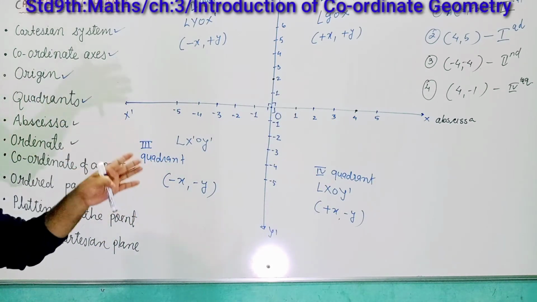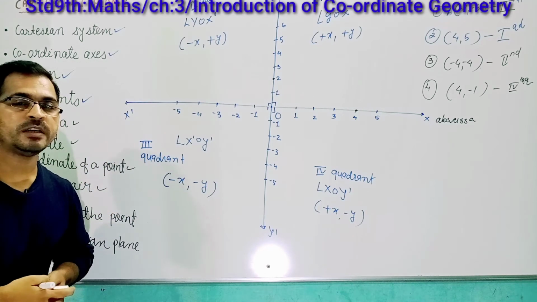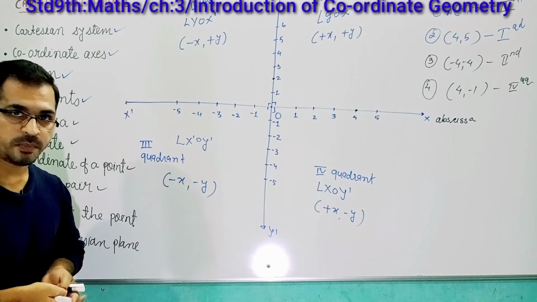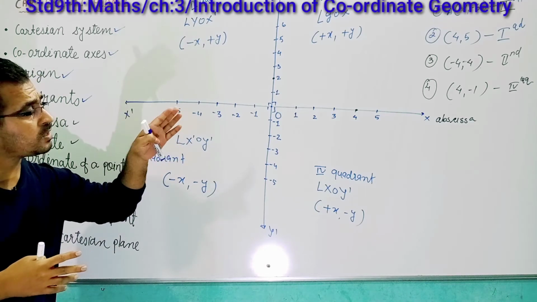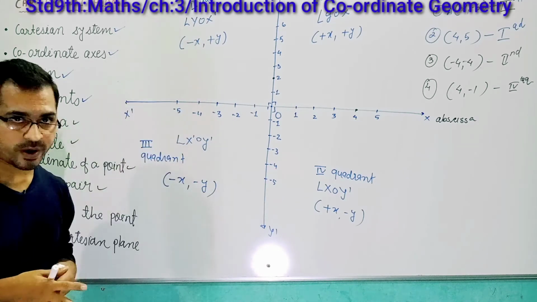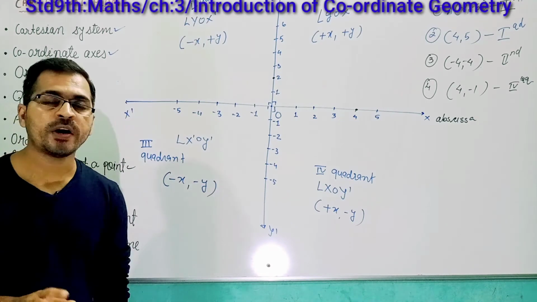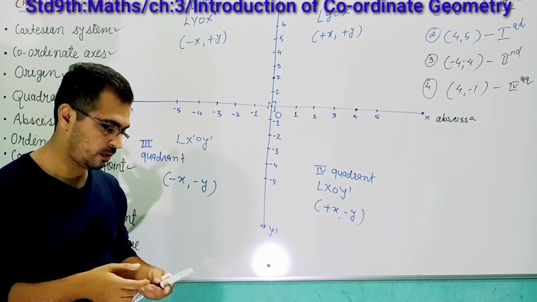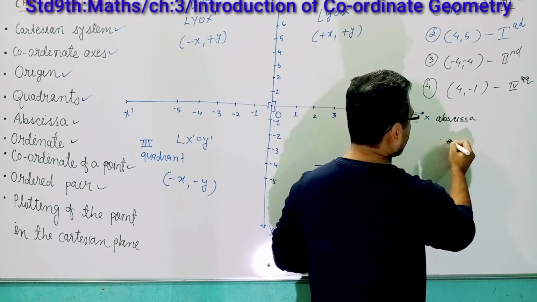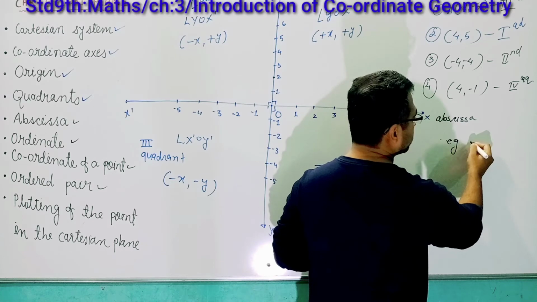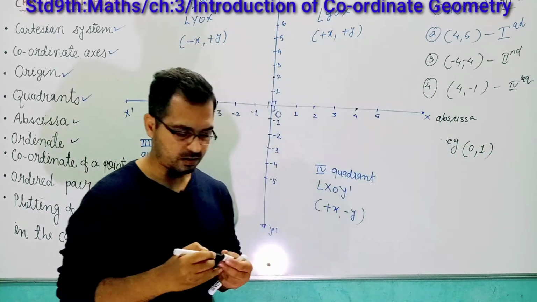So we know how to determine the position of a point in the Cartesian plane with 2 dimensions. Here, students, this plane is in 2 dimensions, x-axis and y-axis. Okay, students, now we will learn how to plot a point on the graph. Let us see an example over here. Suppose I am telling you to plot 0 and 1.